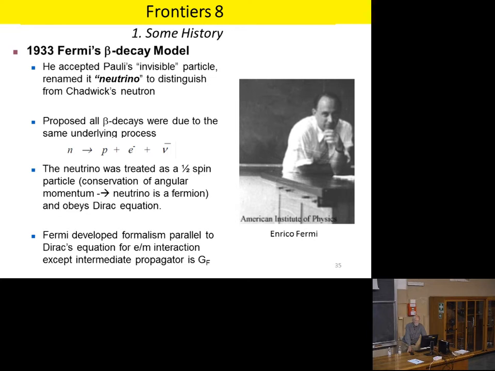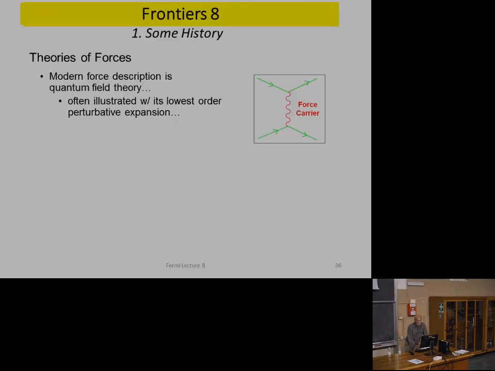By conservation of angular momentum, the neutrino has to be a fermion, and it obeys, if we talk about the process quantum mechanically, the Dirac equation. Fermi then developed a formalism parallel to the equations that you use for the electromagnetic interaction and an intermediate propagator, an interaction strength which he called G_F.